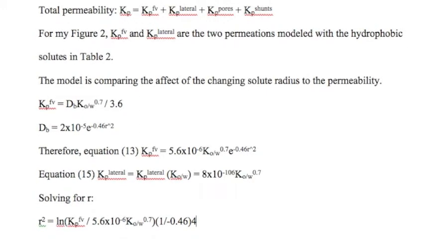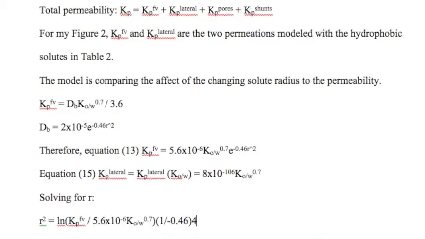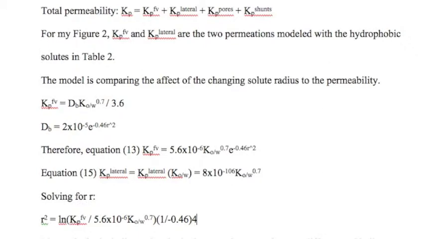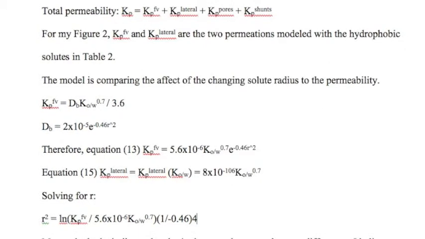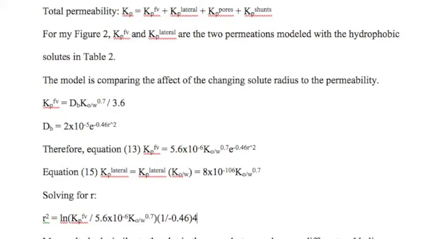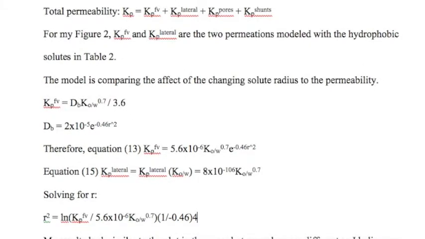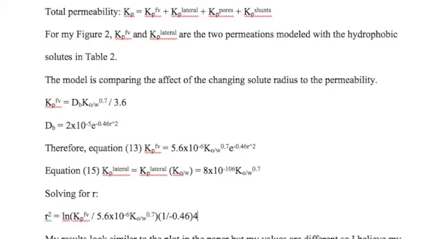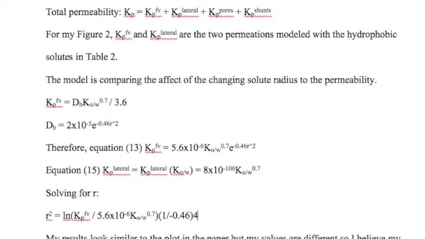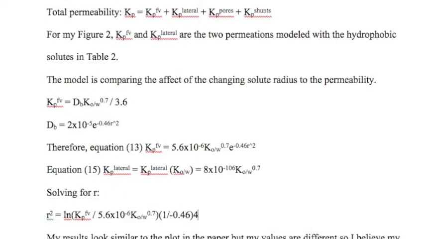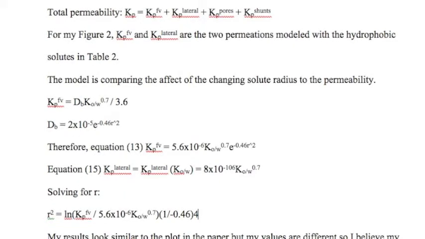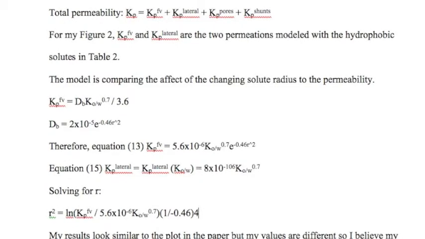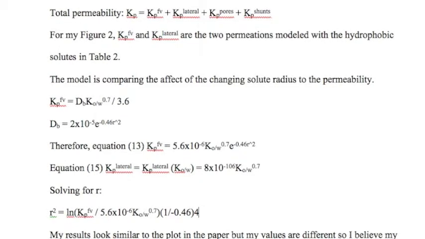I made this ratio, K free volume over the permeability of free volume over the permeability of lateral diffusion, because that way we can just ignore the solute partition coefficient and just focus on why these two diffusions have different sized solutes, or what types of diffusion these solutes undergo.